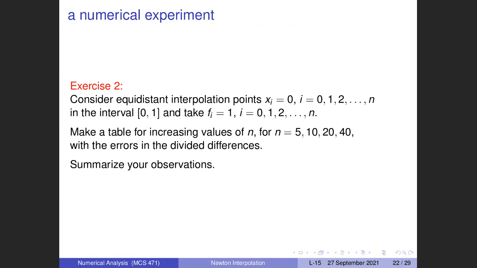All right then, see what happens if you take equidistant points and we interpolate the constants. We take equidistant points, first 5, then 10, 20, 40. See what happens to the errors in the divided differences. These errors in the divided differences need to all be 0.